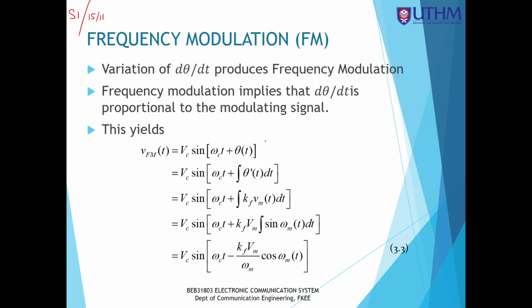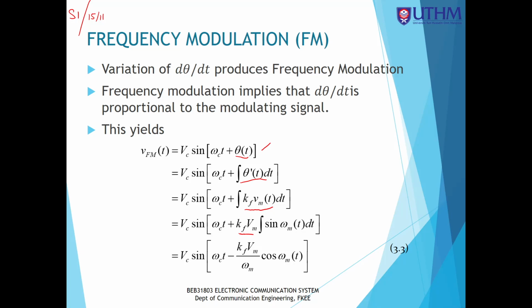So from the general equation Vc sine omega ct plus theta t, we can put inside the theta t equal to integral of theta prime t. So integral of theta prime t is integral of kf vm(t). So we can put outside the constant parameters kf vm.